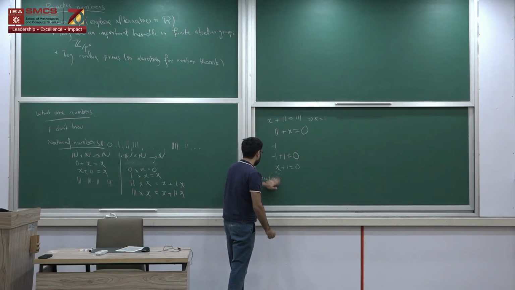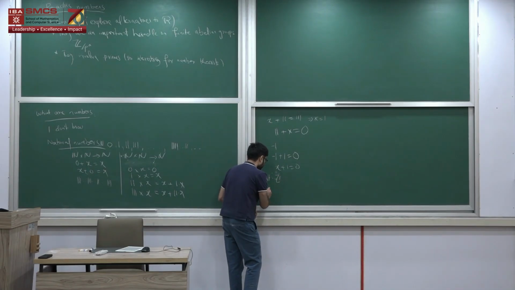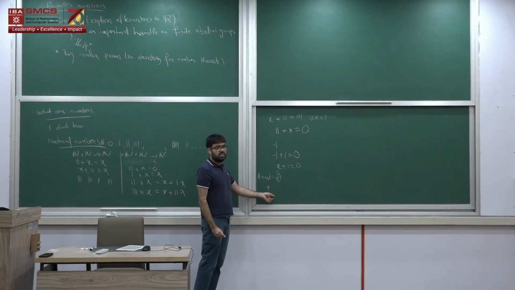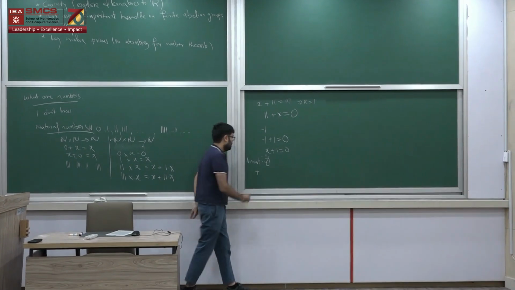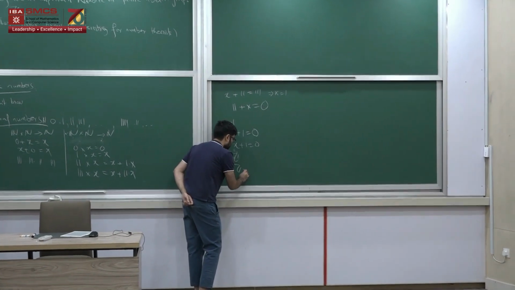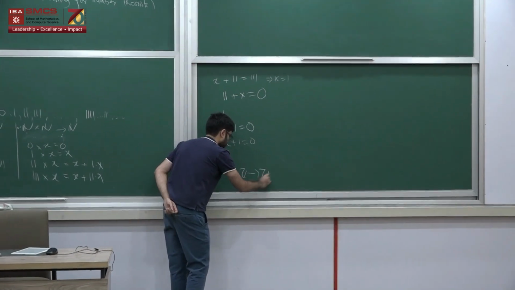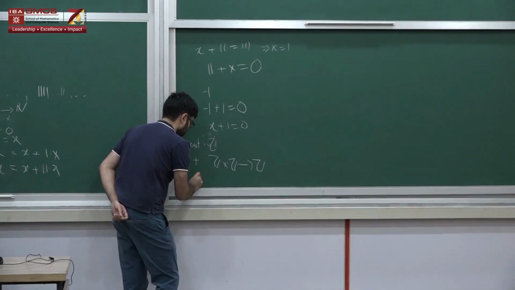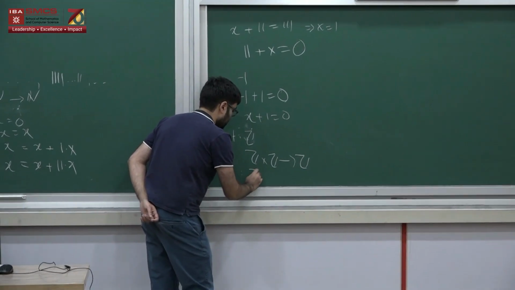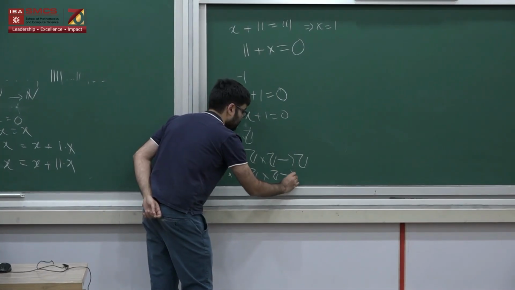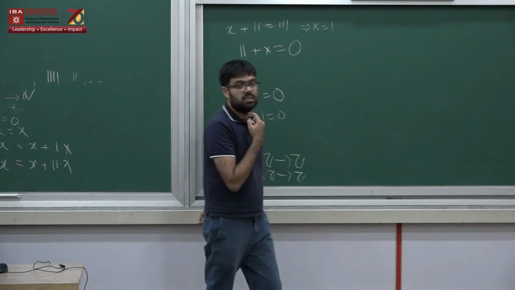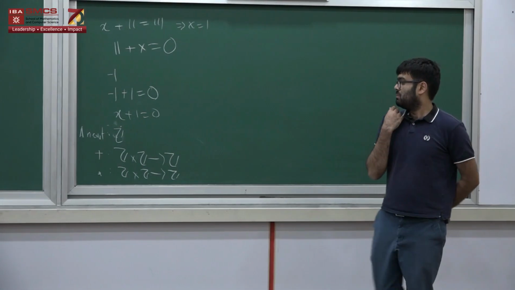So what I have is a new set Z, and I want to extend my operation to this set. So Z times Z to Z, multiplication. I would like the multiplication to extend to Z plus Z to Z.